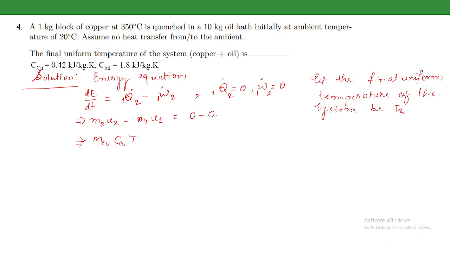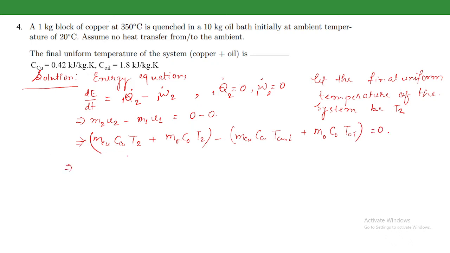So this is T2 plus mass of oil, C for oil, and T for the final temperature. And what is the initial temperature? T copper initial, say I, plus mass of oil, C for oil, T for oil initial.